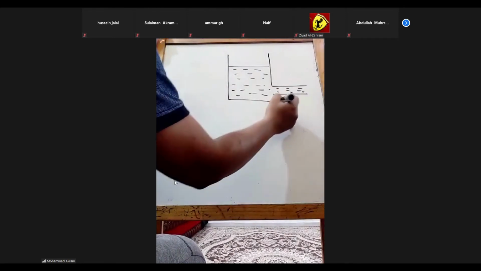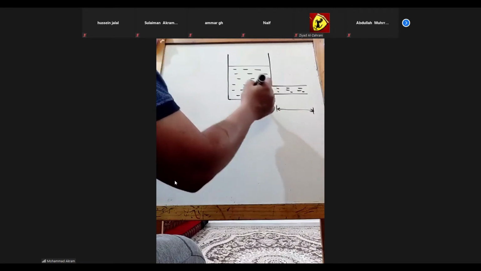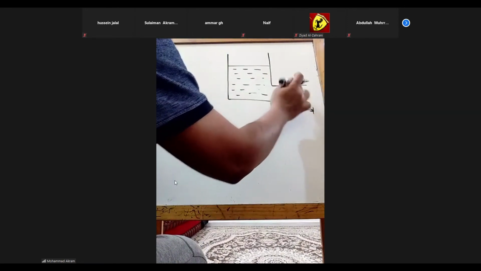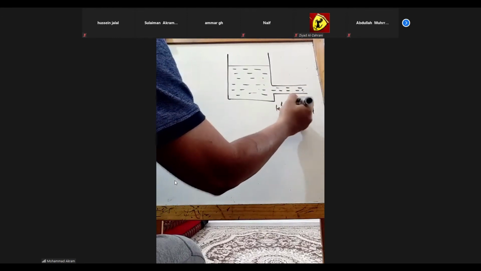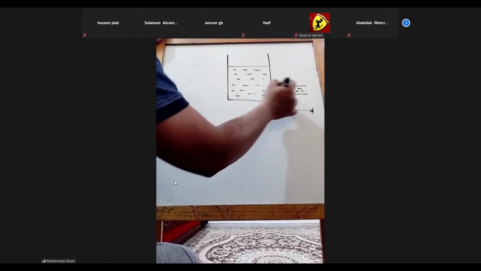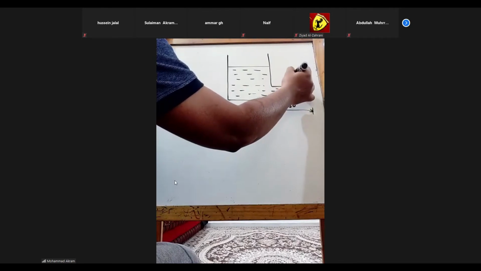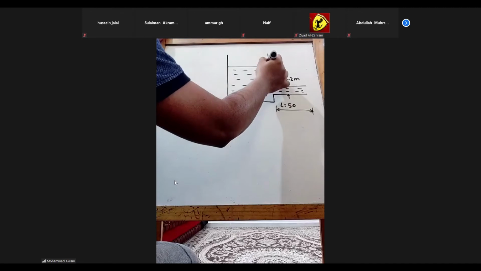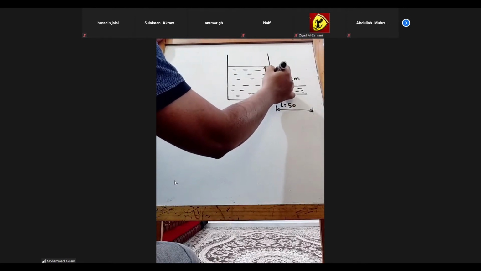Okay. And what is the length of the pipe? 50 meters. 50 meters is L. And the diameter is 20 centimeter. Diameter is 0.2 meters. The height of this water level from the center of the pipe is 4 meters.